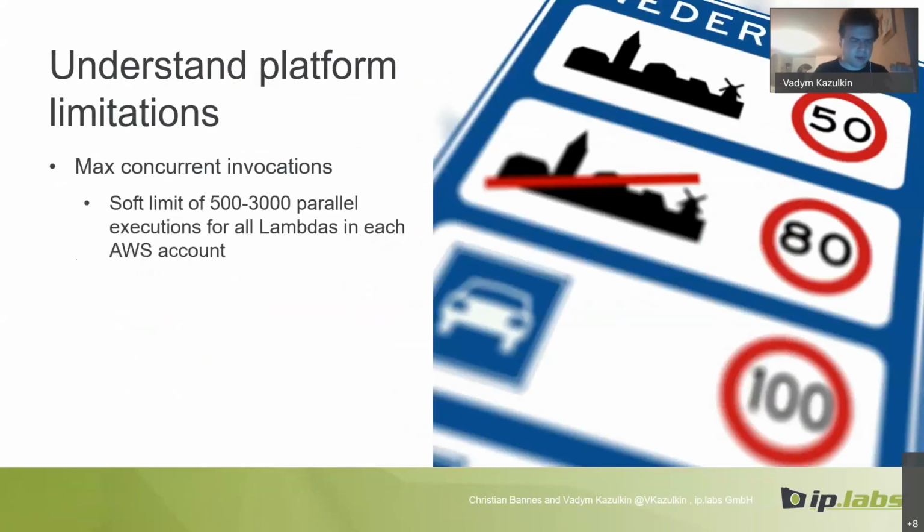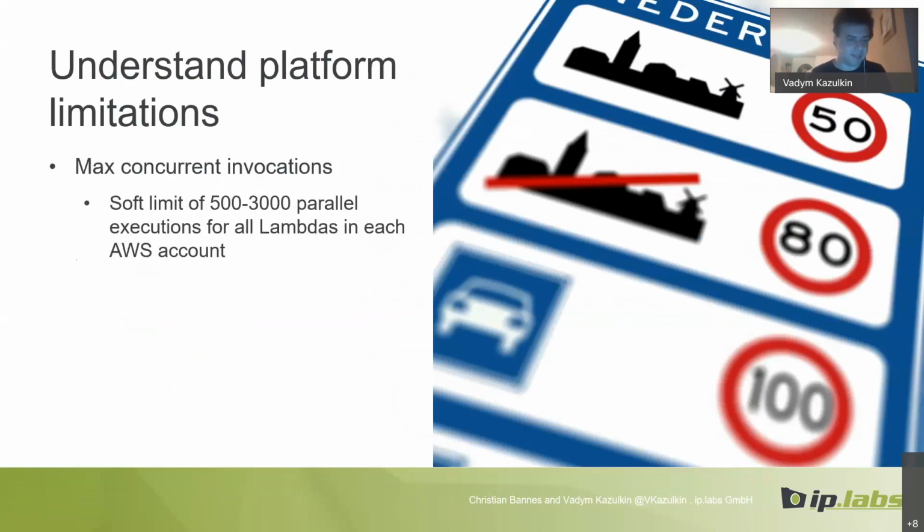So there are also other limitations. The account-wide limit, how many Lambdas you can run in parallel, generally between 500 and 3,000. This is a soft limit.